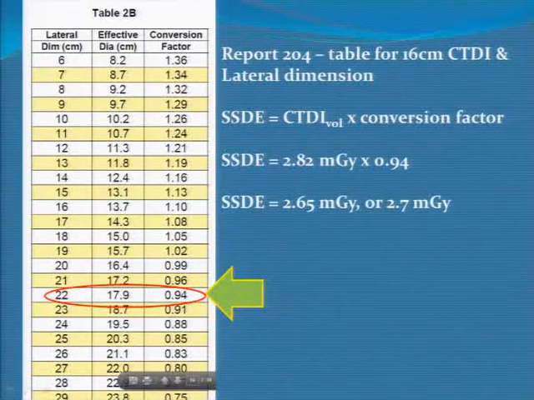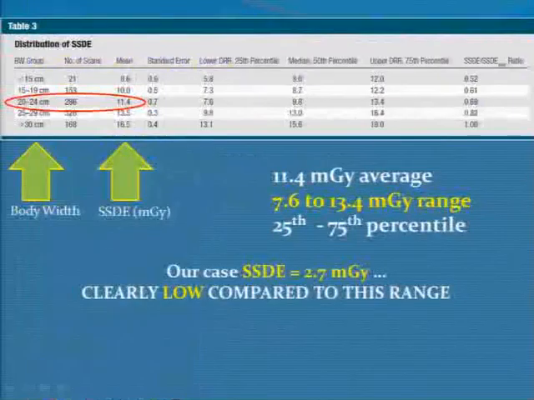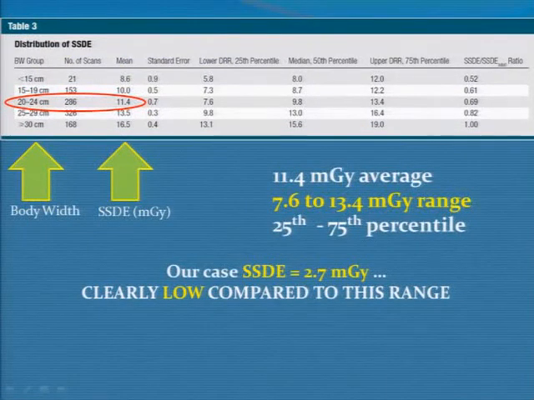So we're going to take our already small number, make it a little bit smaller, and then try to compare it to the range in this table. You can see in this particular case, we are way, way below this published range, which I think confirms our radiologist's suspicion that we may have gone a little bit too far in our dose reduction efforts.